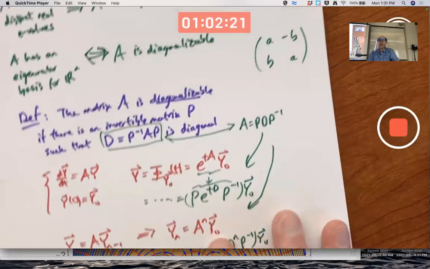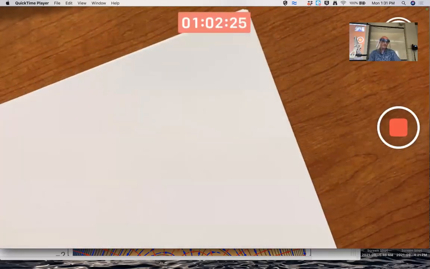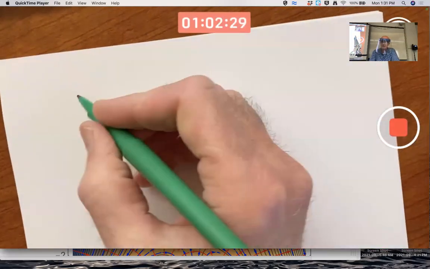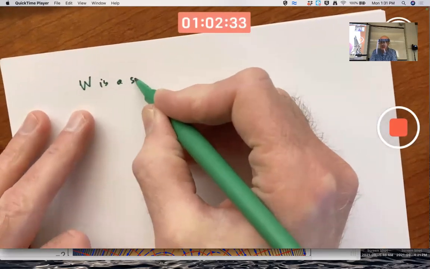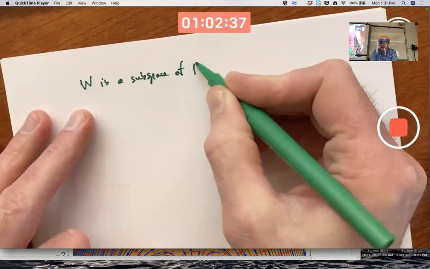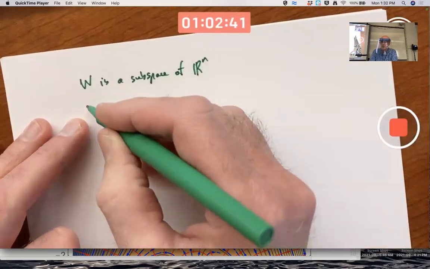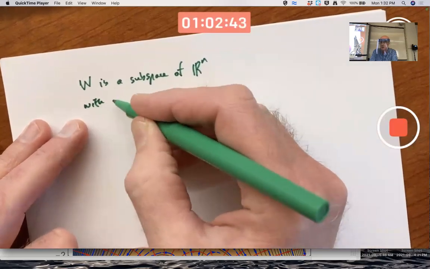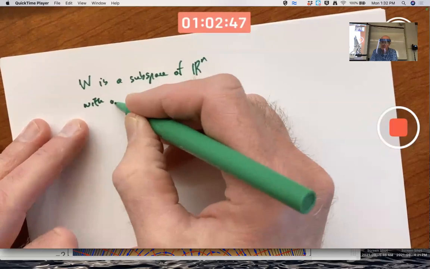When I talk about the projection vector, so I've got W, a subspace of Rn, say, with an orthonormal basis, which is the best one to use, actually. Well, we can use an orthogonal basis.